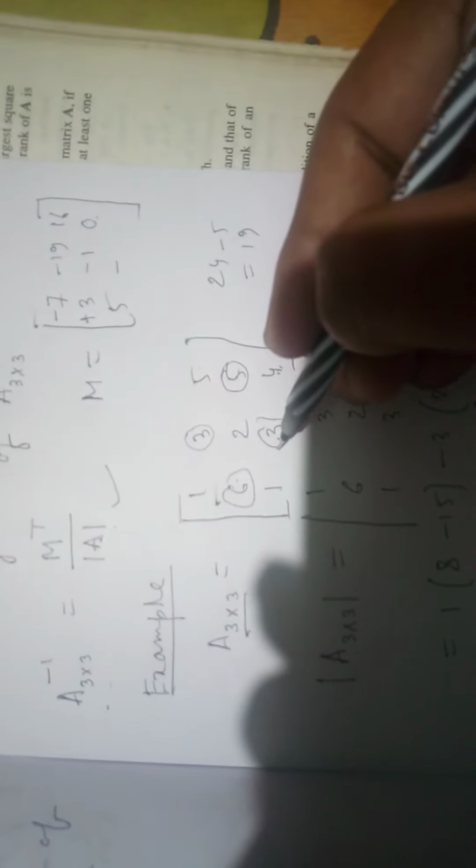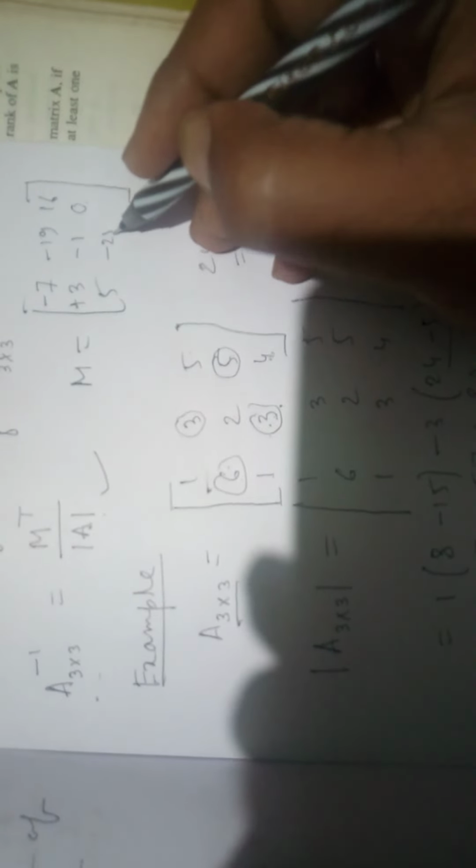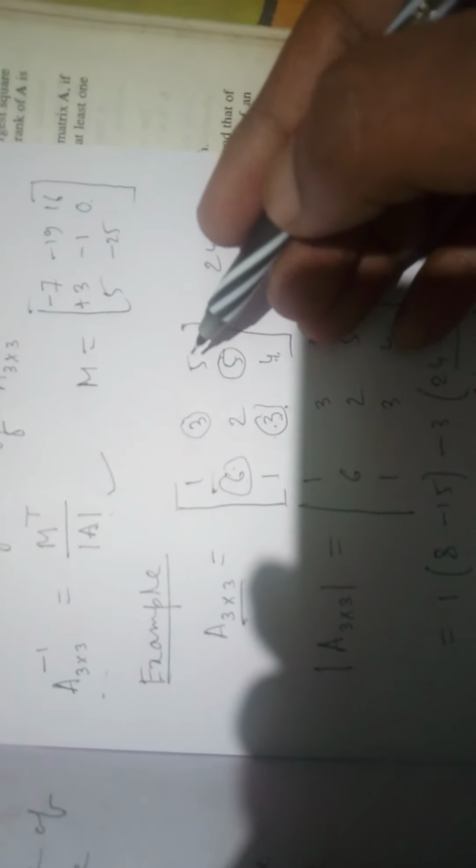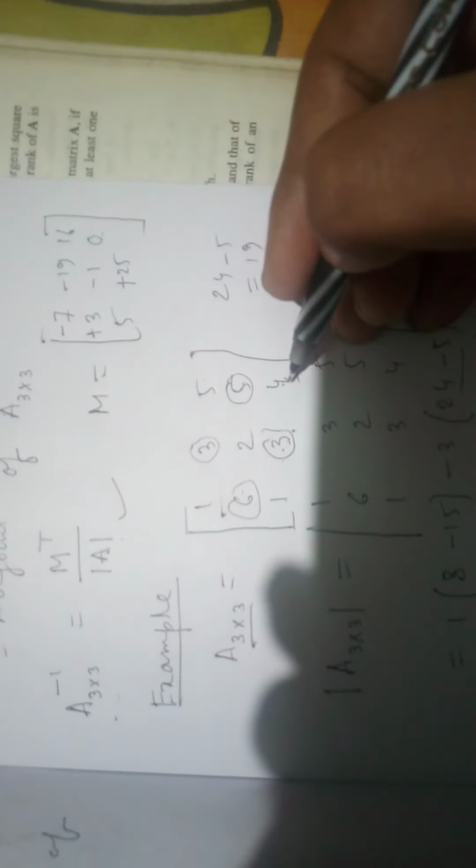Here it is 0, that's why we don't need to take the negative. For this one we have to consider the negative sign, so it will be 5 minus 30, meaning minus 25. So this will be plus 25, and this will be 2 minus 18, minus 16.